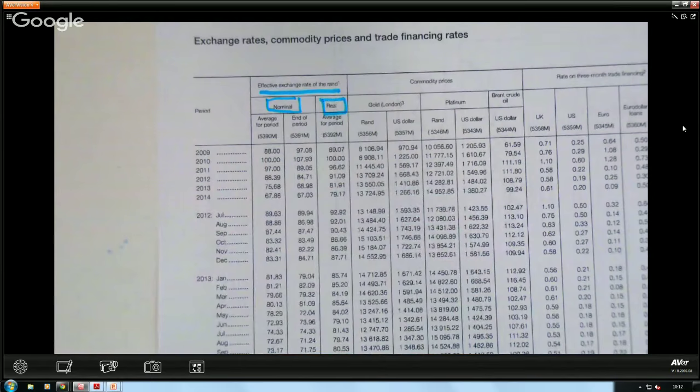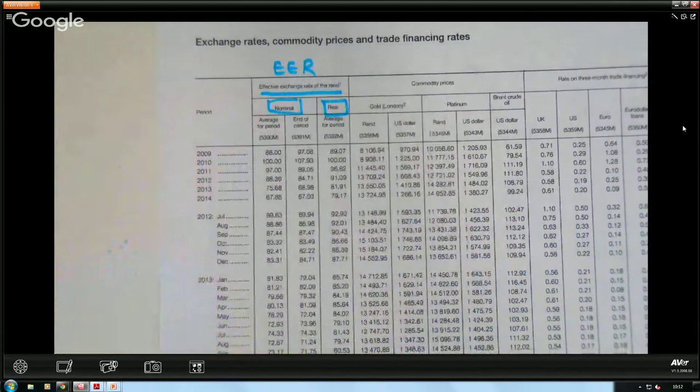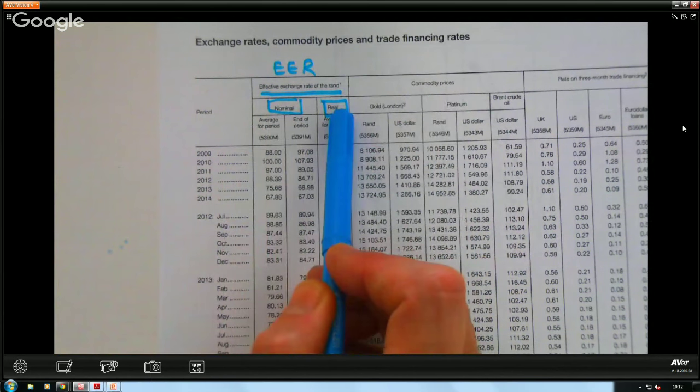So this EER, effective exchange rate, is in nominal terms and in real terms.